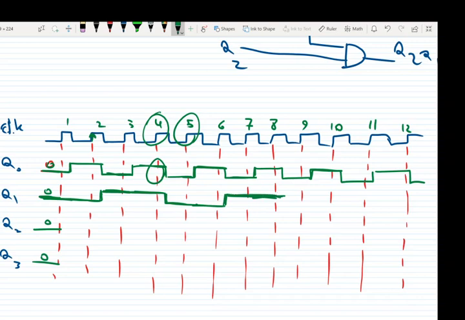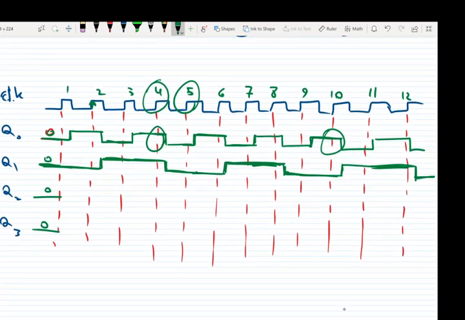Clock cycle 8, Q0 is 1, so we have a change. Clock cycle 9, no change. Clock cycle 10, change. Clock cycle 11, no change. Clock cycle 12, we have the change. Okay, so we complete Q1.